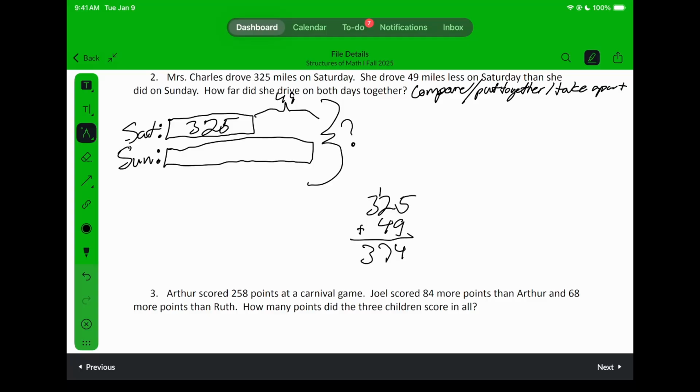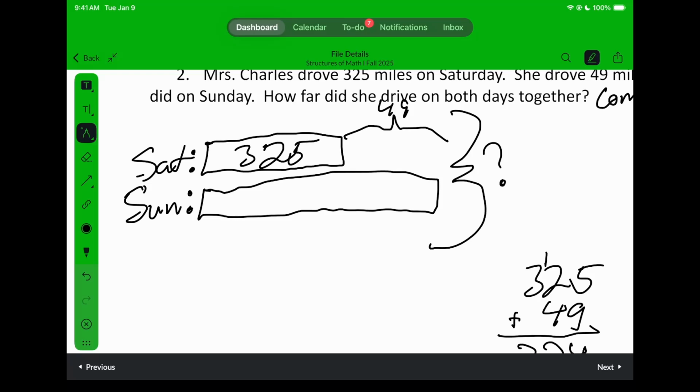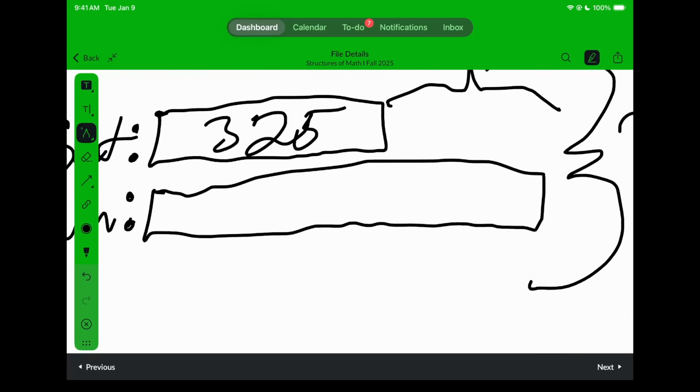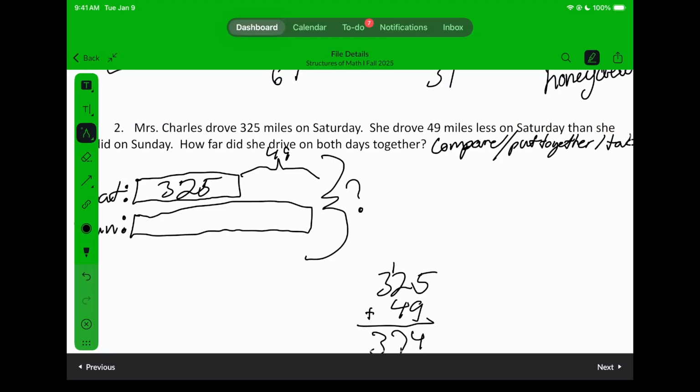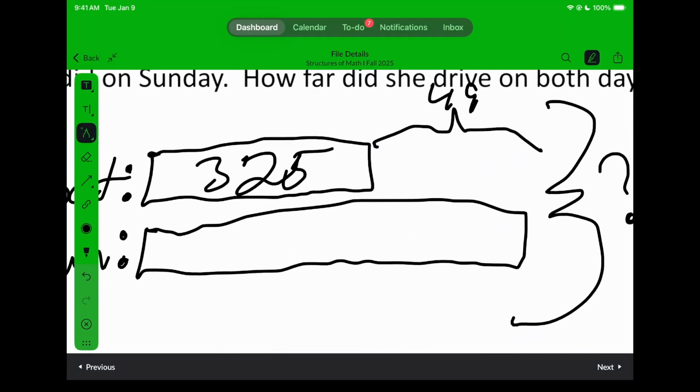Oh, also, notice how I didn't put a question mark inside Sunday's box? We don't know it, but we're also not trying. That's not the goal of the problem. So I left it blank. But the question mark only goes on what you're trying to find in the problem. The question asks, how far did she drive on both days together? The question mark's on the total, not on Sunday.